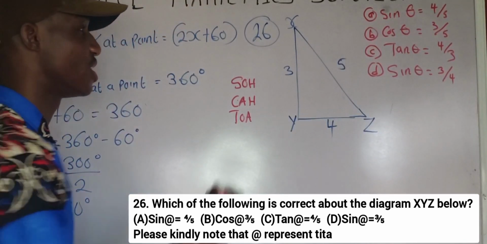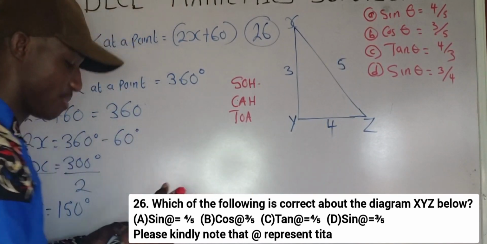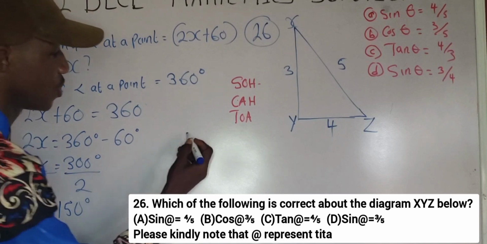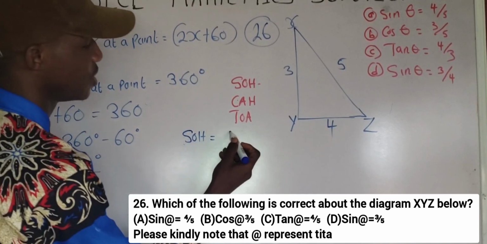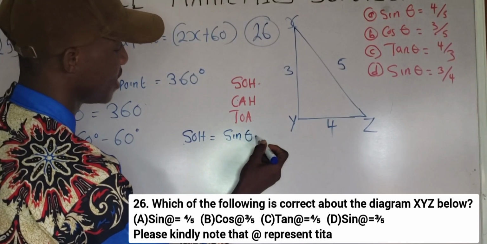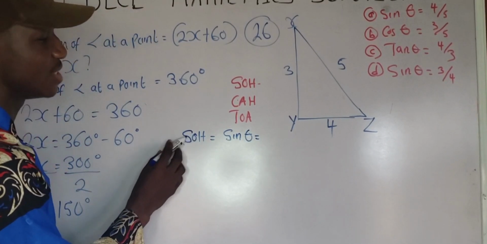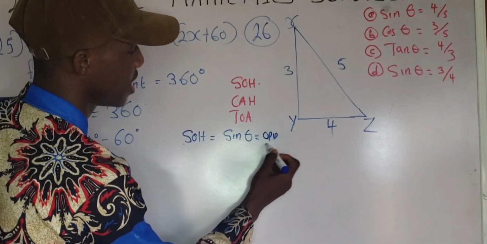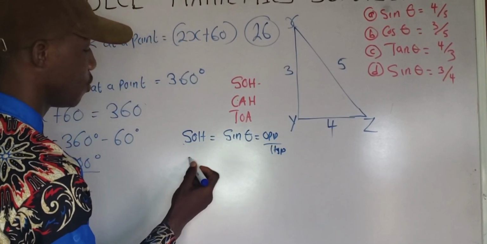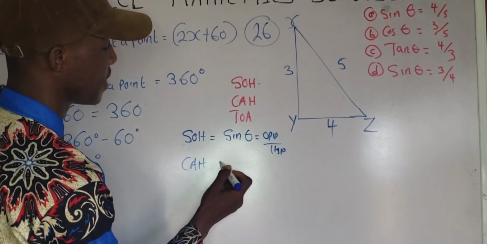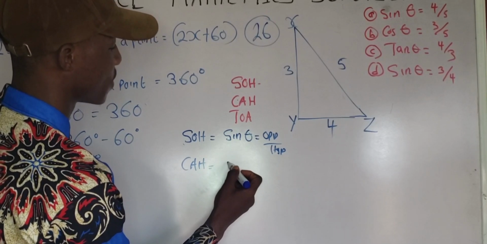Are you paying attention? So, sine theta equals, the S that you see here is sine. Sine theta equals, the O that you see here is opposite, and the H that you see here is hypotenuse. And we have CA, the second part, which is cosine.